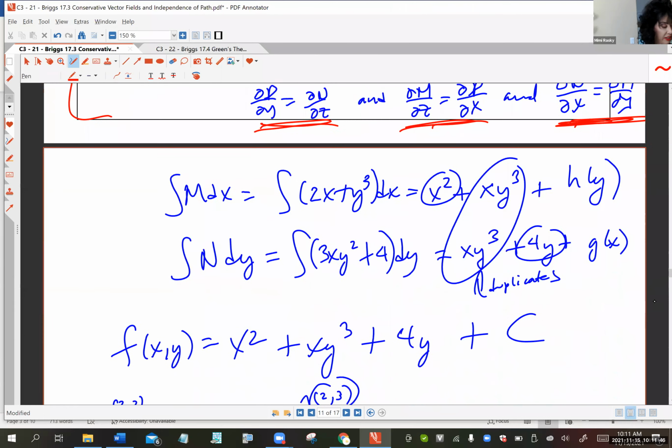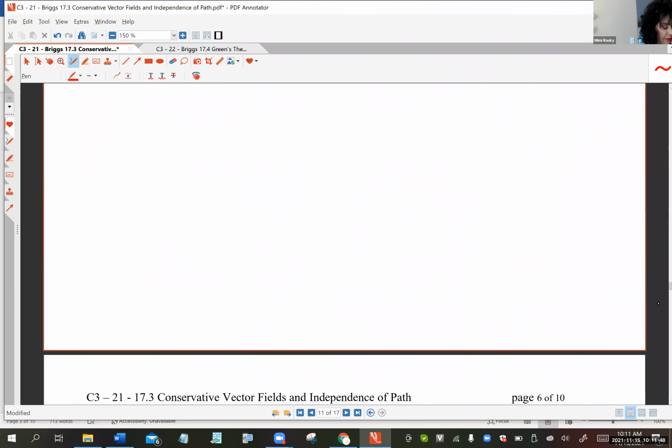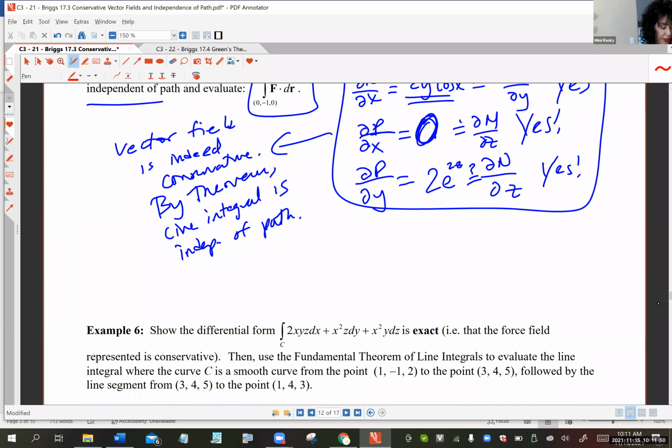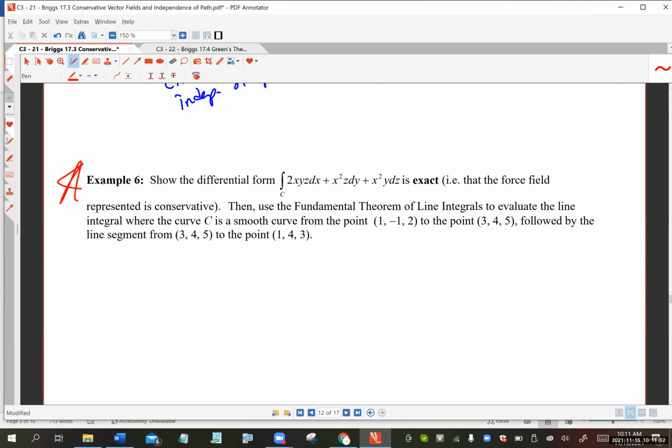Okay, so let's take a look at example 6 in your course reader here. We want to show that this differential form right here, this line integral, is exact. In other words, show that the vector field is conservative.